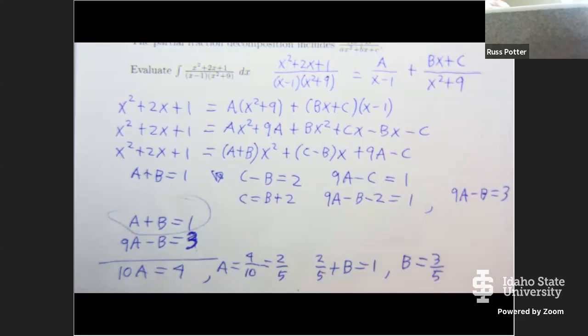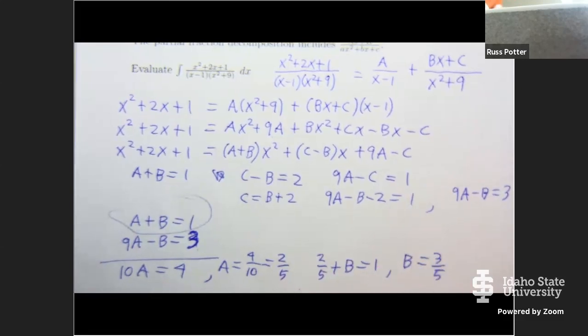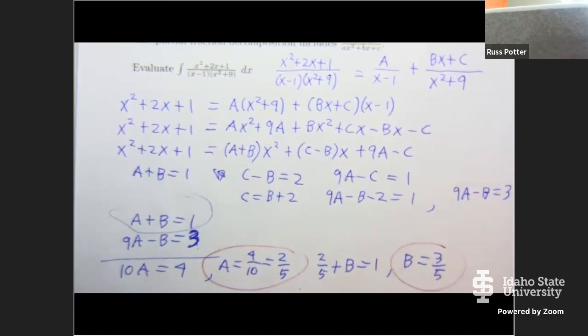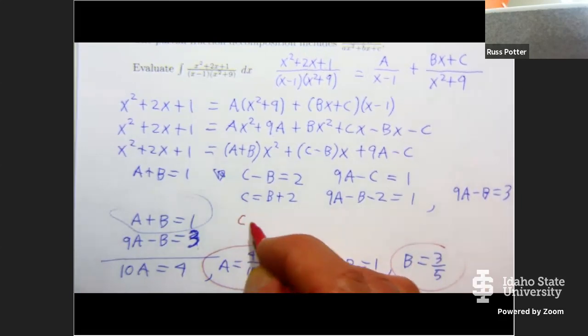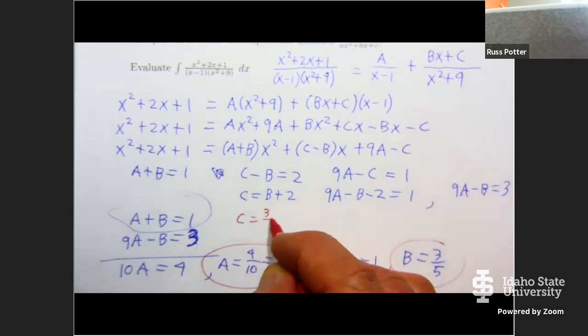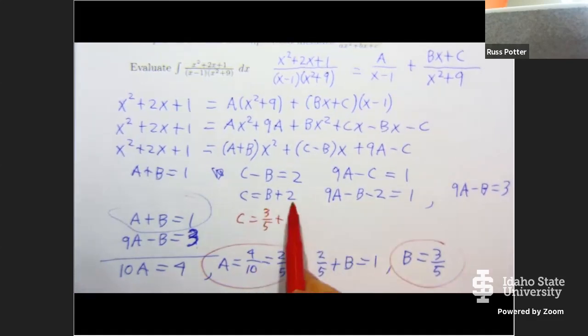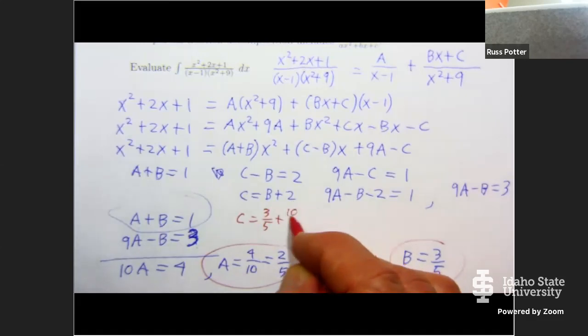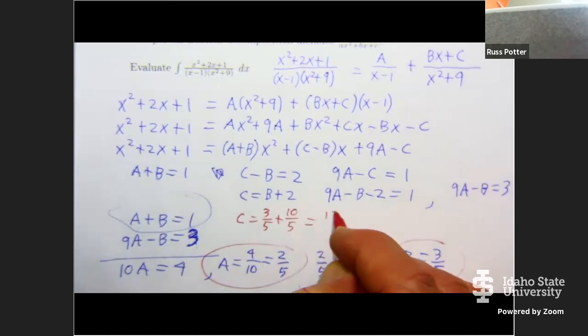So we're making progress. a is 2/5, b is 3/5. And then to find c, c is b plus 2, or 3/5 plus 2, which is 13/5.